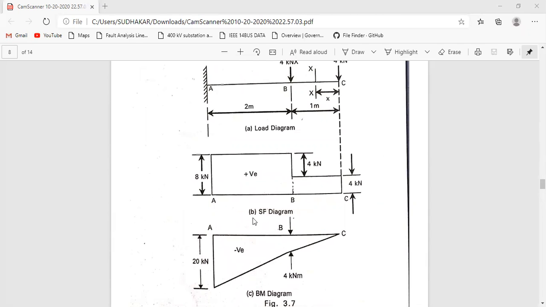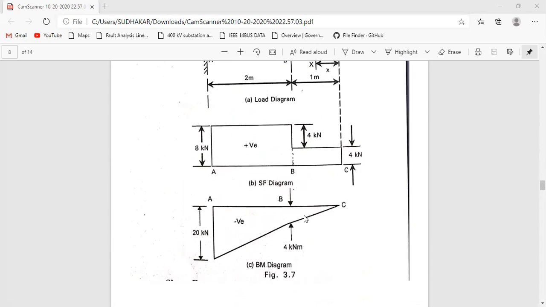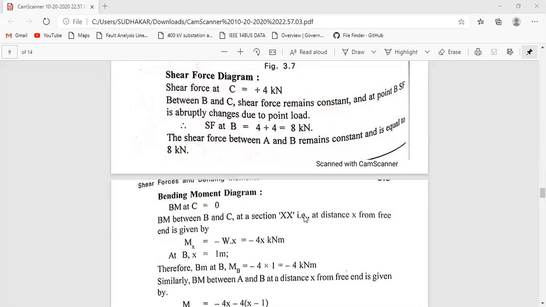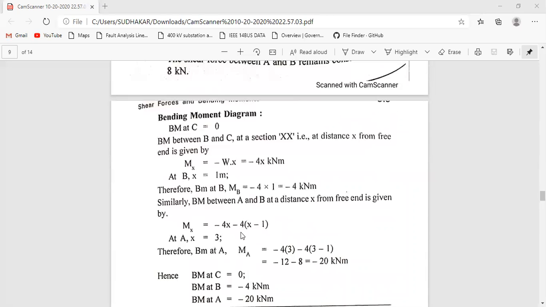Some textbooks explain this very roughly, without that amount of description. Some textbooks make it complex. In the case of bending moment it will be a little bit complex. How does it come? Let me explain.